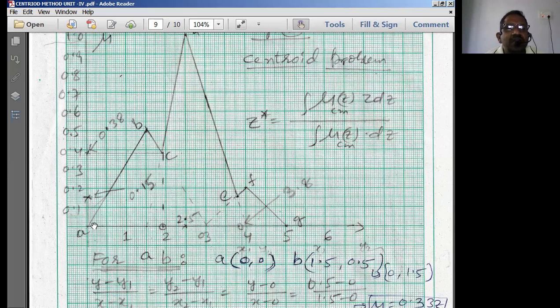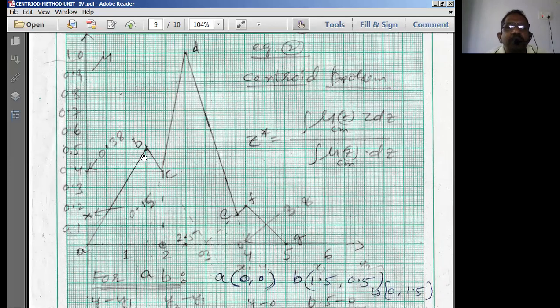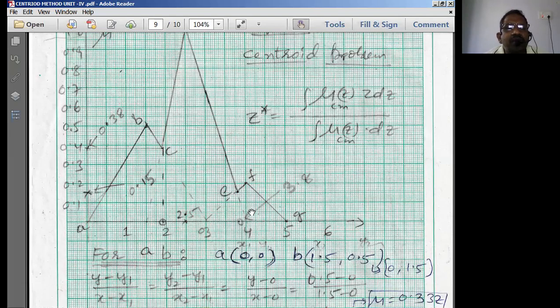This set is starting at 0 and ending at 3. By simply combining all this, we get the resultant union of these three sets. This is the membership function which is the result of the union of all those three sets.